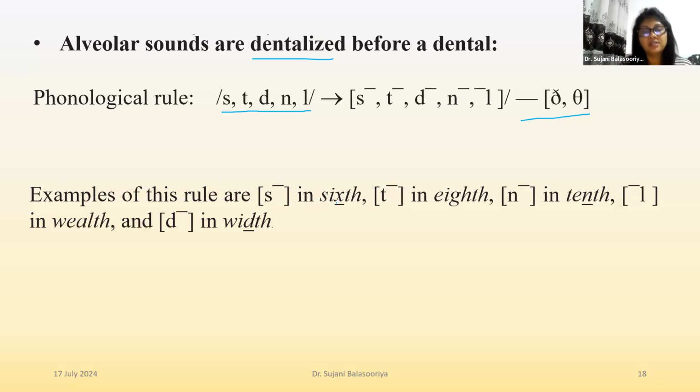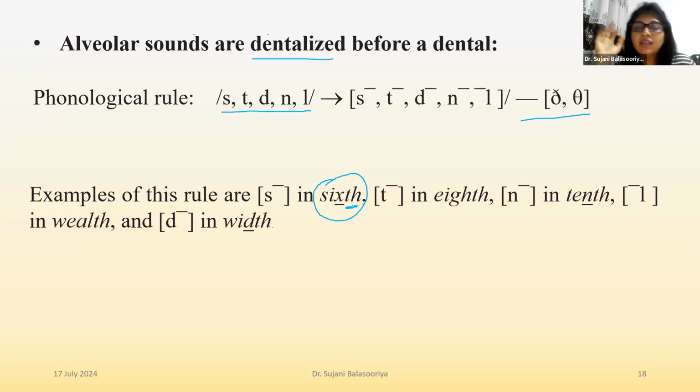Although in spelling we write s-i-x-t-h, in this word, x, if you write it in phonetics, it would be written using the two sounds k and s, right? That last s is pronounced in front of th, and th is a dental sound. Therefore, this preceding s also becomes dental.